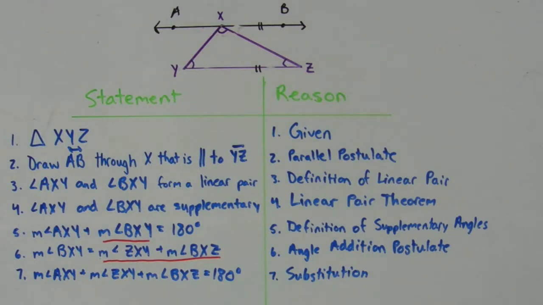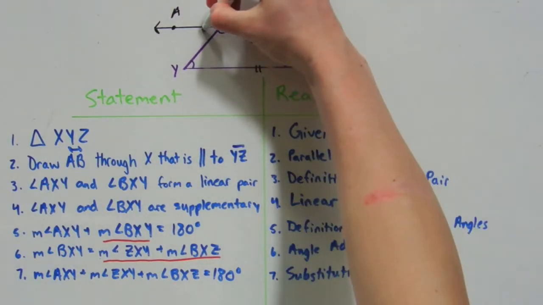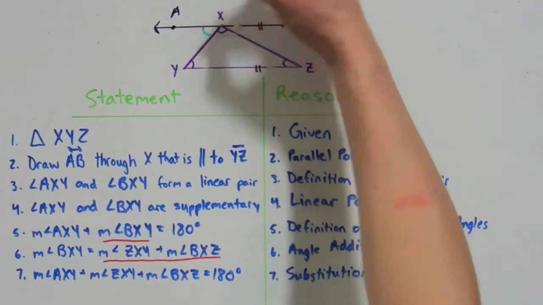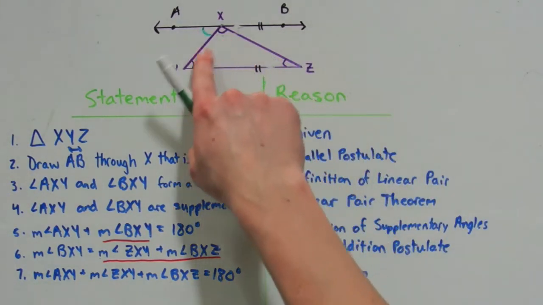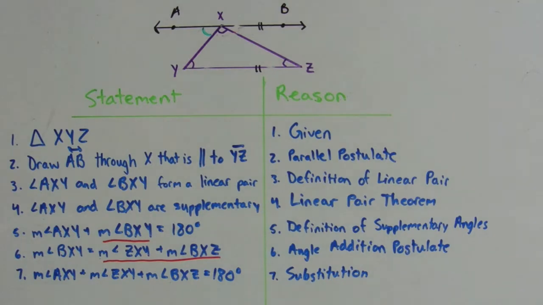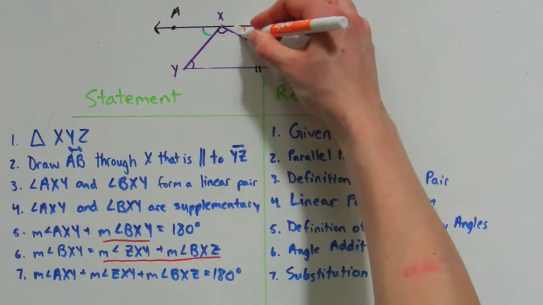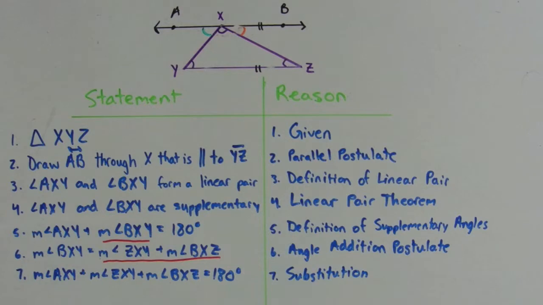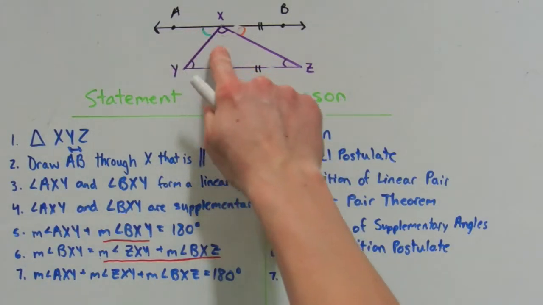So that's saying that this angle AXY plus angle ZXY plus angle BXZ is equal to 180.